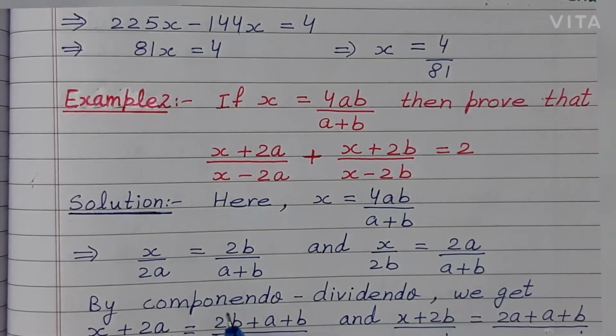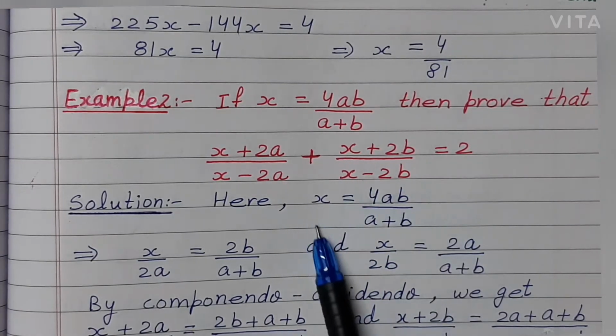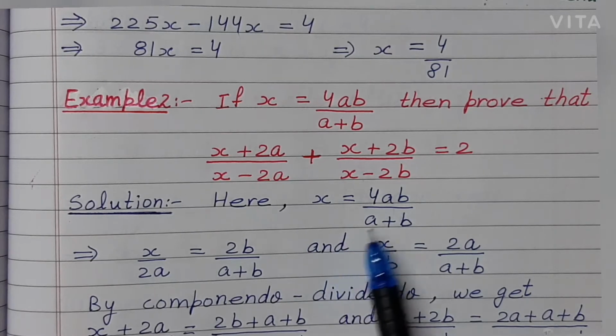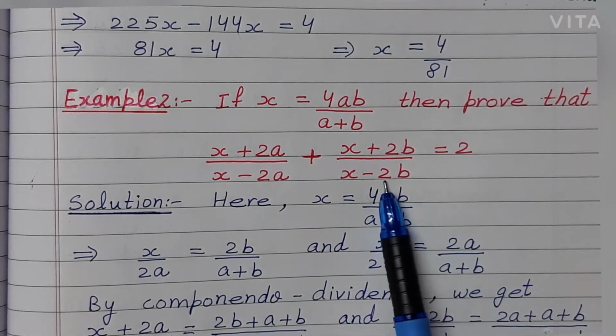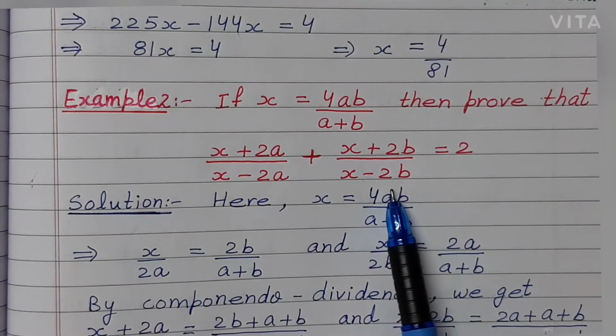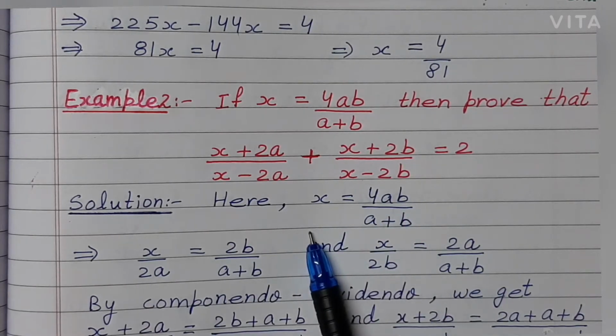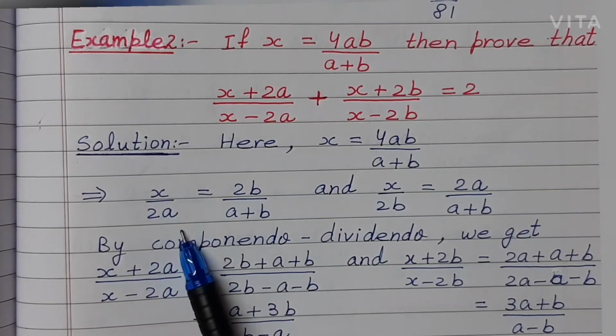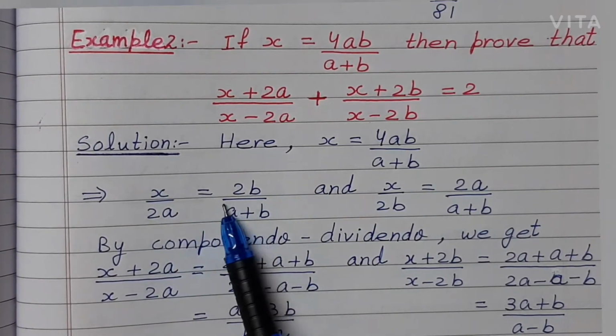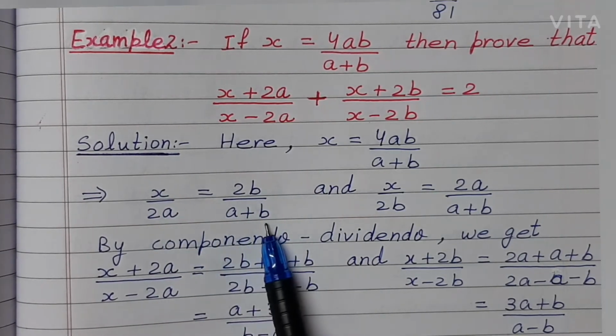So here the solution is, it is given that x is equal to 4ab upon a plus b. Now let us separate the two. Take 2 from the numerator to the denominator on the other side. Now we can see x upon 2a is equal to 2b upon a plus b.